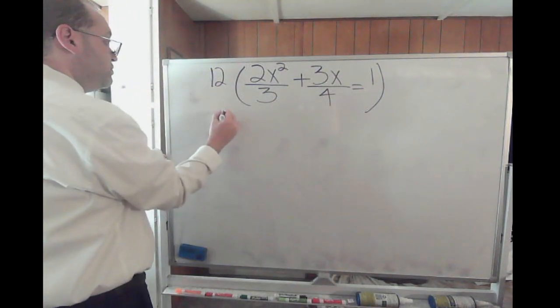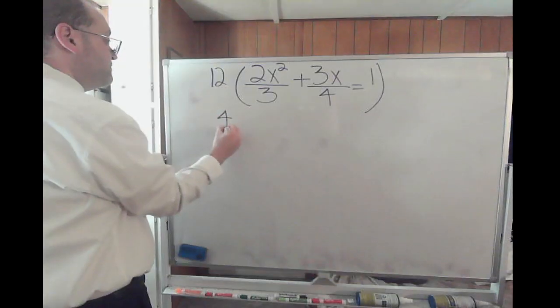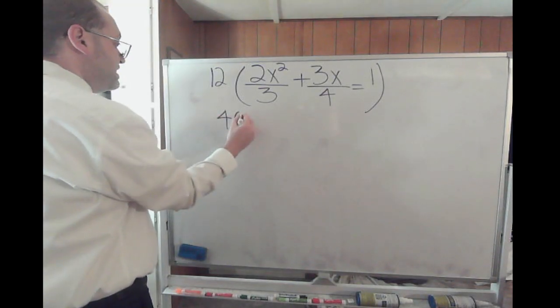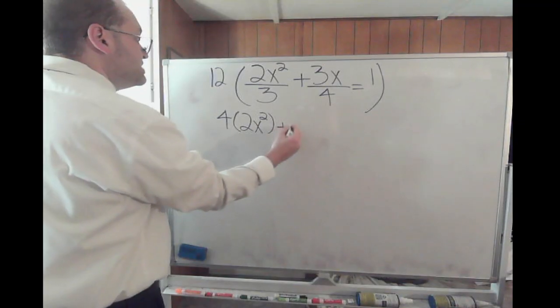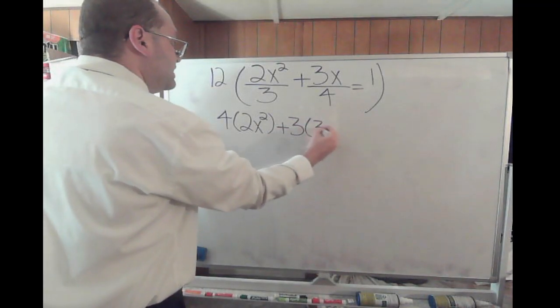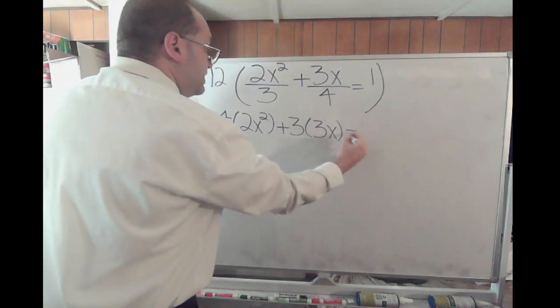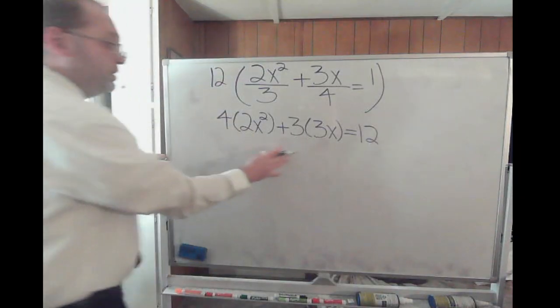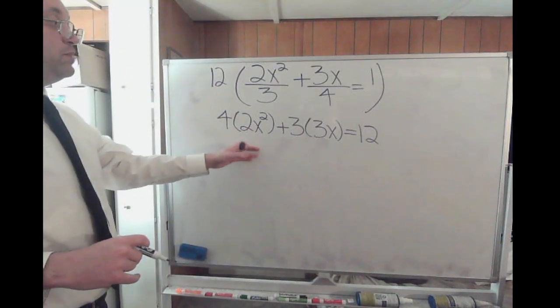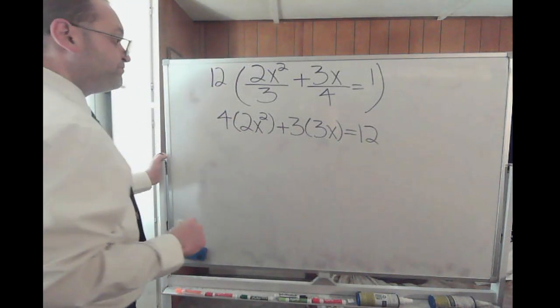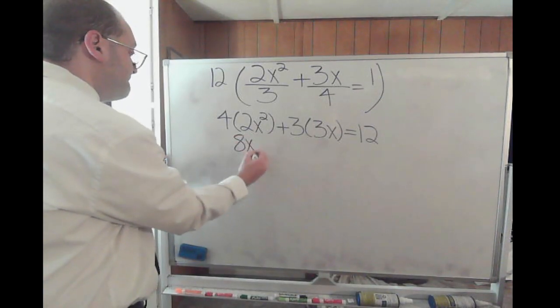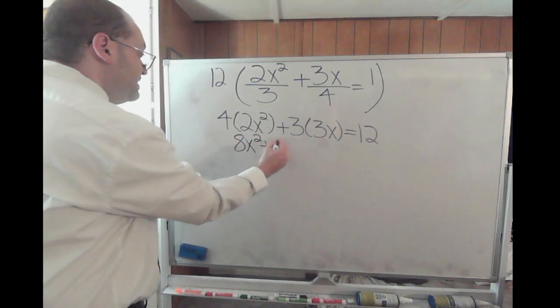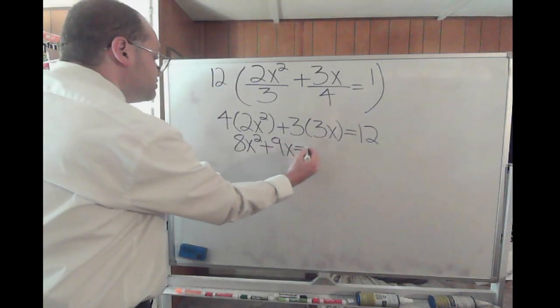This would give you, for the first expression, 4 times 2x squared plus 3 times 3x, which would equal 12. So now we at least have this in a way that we got rid of the fractions, which turns into 8x squared plus 9x equals 12.